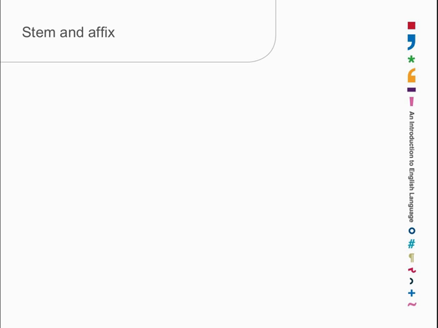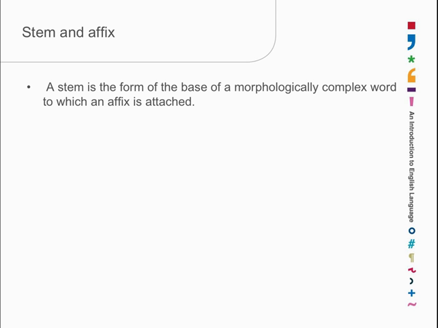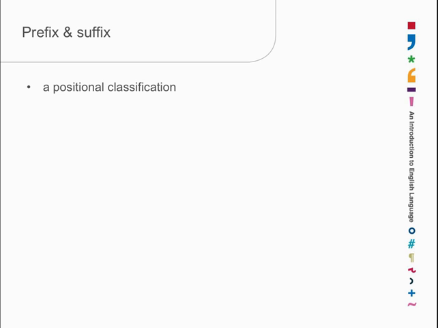A stem, you'll remember, is the form of the base of a morphologically complex word to which an affix is attached. So affixes attach to stems. We can separate affixes into two classes in English. There are the ones that come before the stem, and there are ones that come after the stem.